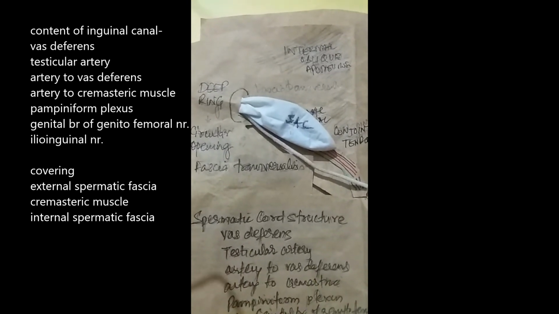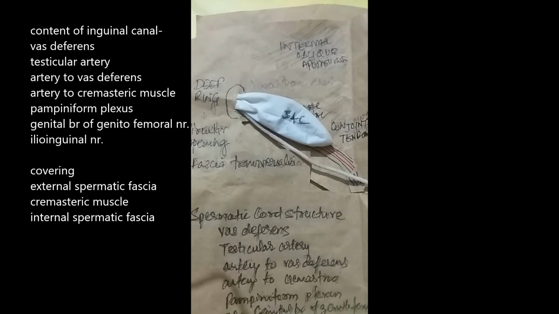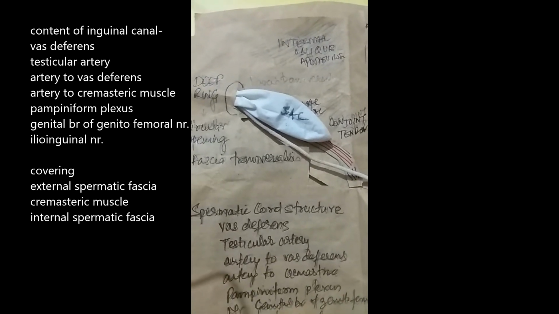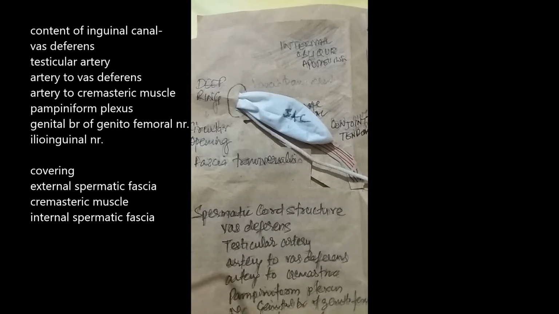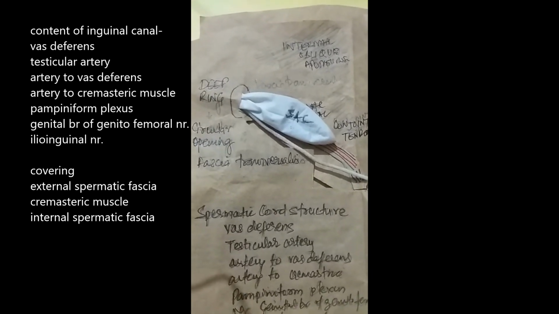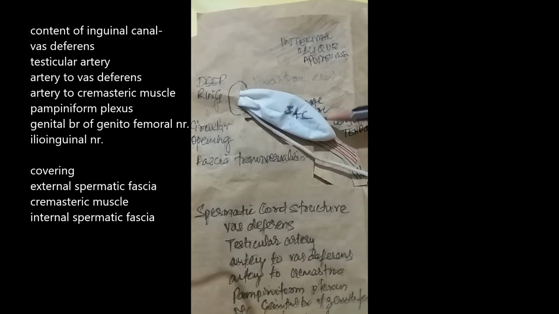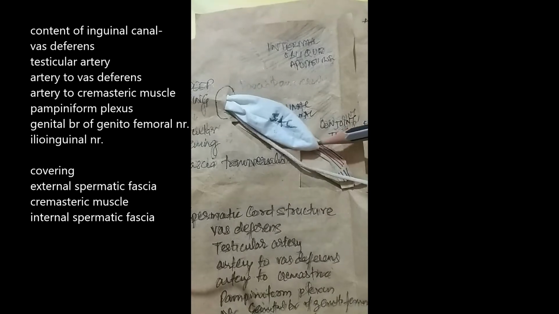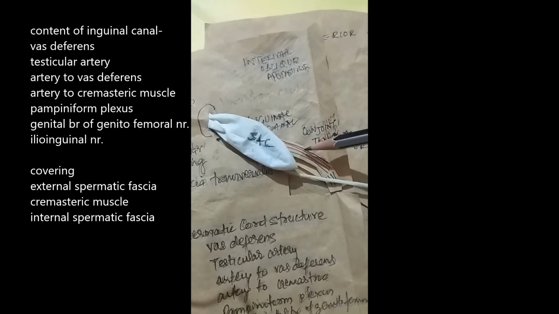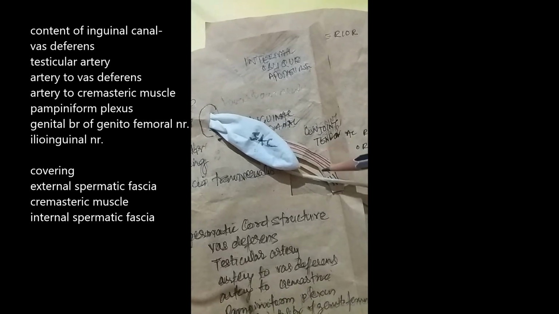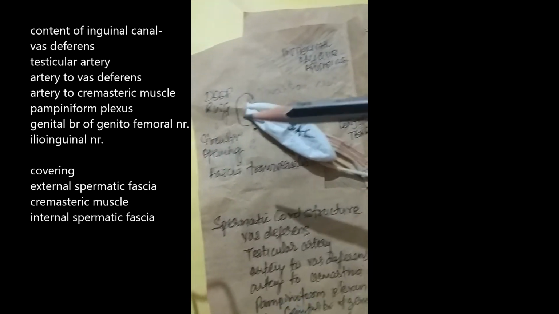As soon as the external oblique aponeurosis is opened, we encounter the inguinal canal extending from the deep ring to the superficial ring. The contents of the canal, as you can see, are the sac, cord, and lots of other structures like nerves, arteries, veins.